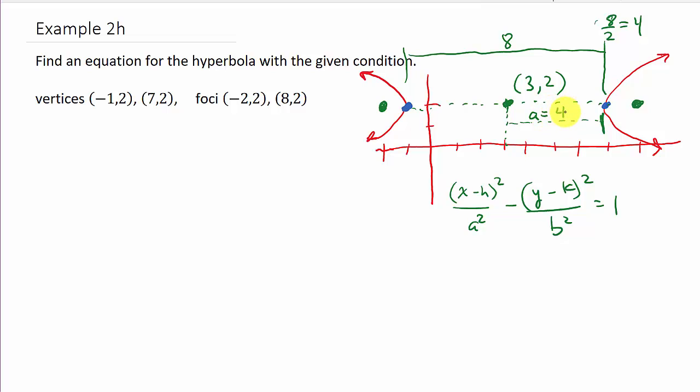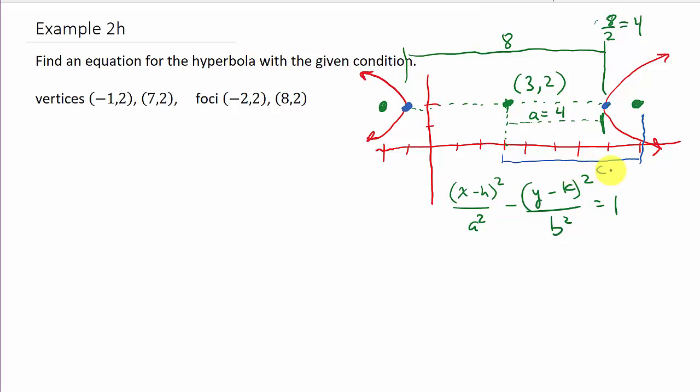Okay. And then we need to figure out what c is. Well, c, that's the distance from the center here to the foci, or the focus. So how many units is that? 1, 2, 3, 4. That's 5 units.